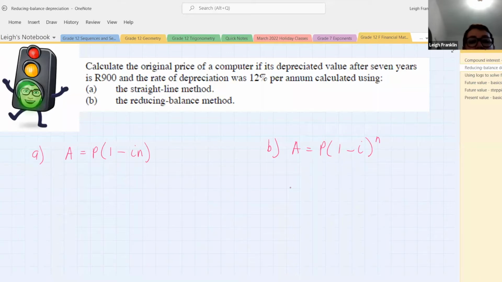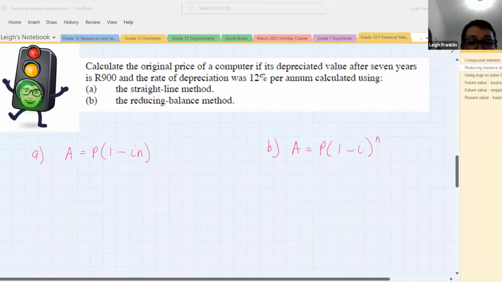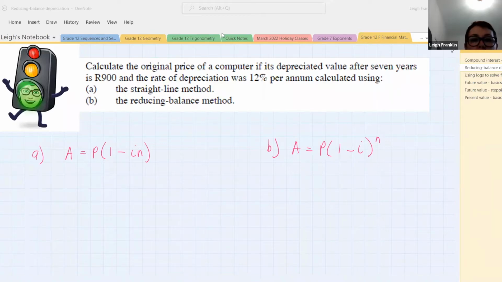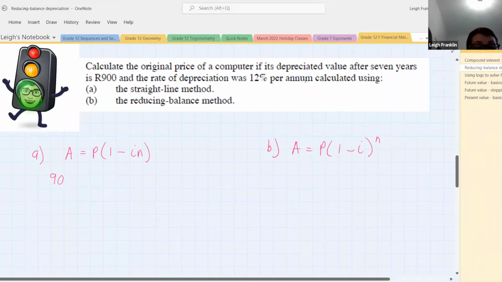Okay, so if they want us to calculate the original price of the computer, what letter are they asking us to solve for? A or P or i or n? What do they want from us, Matrix? Exactly, they want P. Good, guys, 100%, they want P. So that means that 900 Rand has to be our A value.